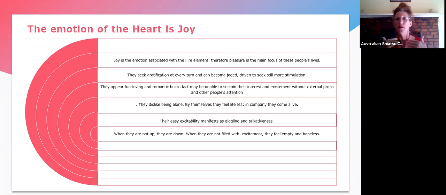And needing to have people around, needing company all the time, not so great at being alone. You'll see some of the things in terms of supporting the fire element are like cultivating that aspect to meditate. And so you might find that the fire element person is more drawn to group practices, group meditations, rather than being on their own.